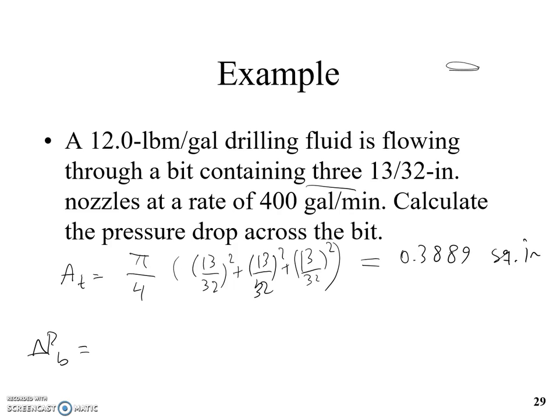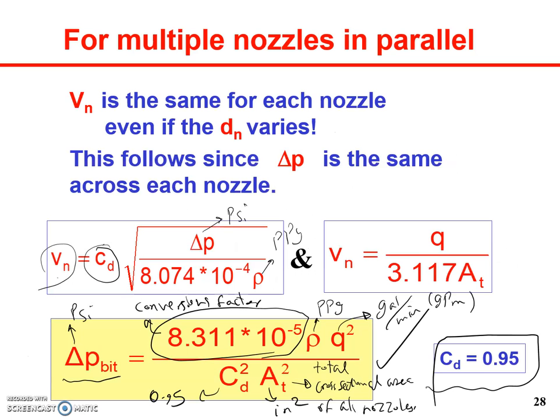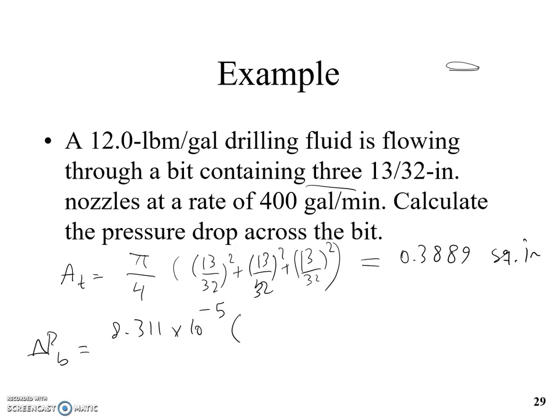So delta P bit is equal to 8.311 multiplied by 10 to the negative 5. That's equation 4.34 in the book, multiplied by density, multiplied by Q squared, right?